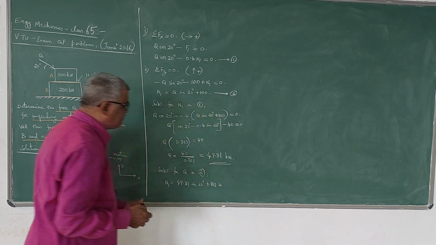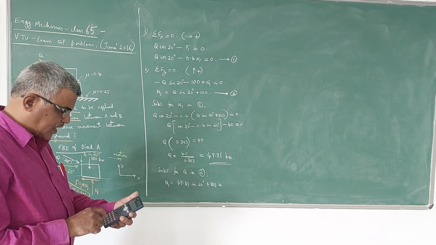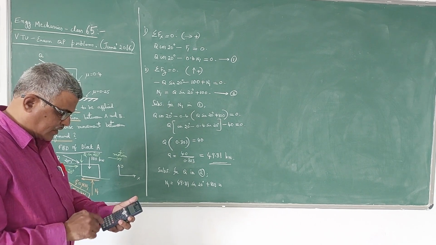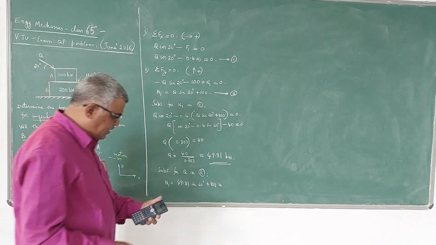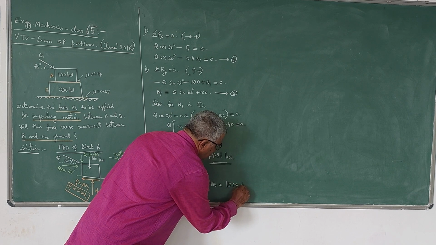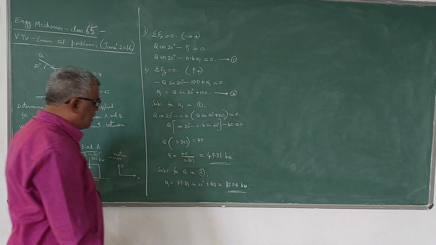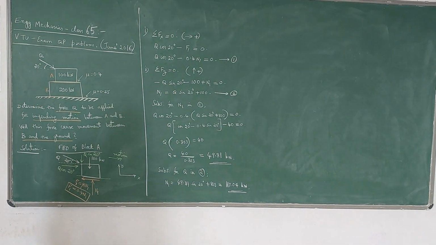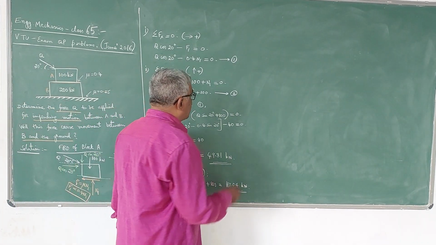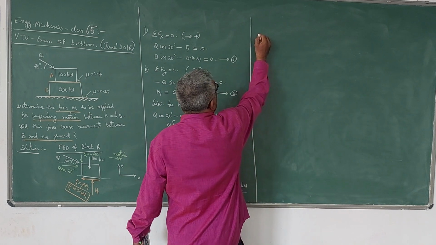So now if you simplify this, 49.81 into sin 20 plus 100, it is 117.04 kilonewton. So the normal reaction at the contact surface between A and B, you are getting 117.04. So later on you can find out the frictional force also.